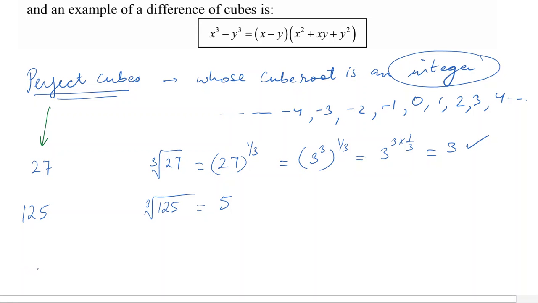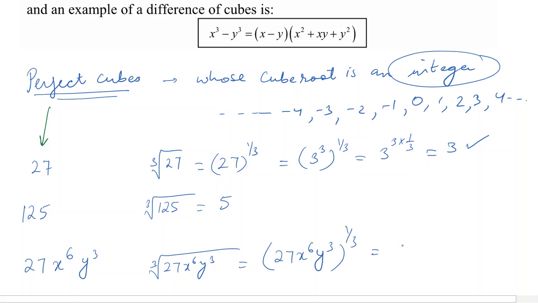For example, let's say we want to work with 27x^6 y^3, and we are interested in knowing if that is a perfect cube. We're going to take the cube root of this whole thing and see what we get. Cube root means the power 1/3, and when you have many factors inside the bracket, all raised to some power, when you open the bracket, each factor gets that power.